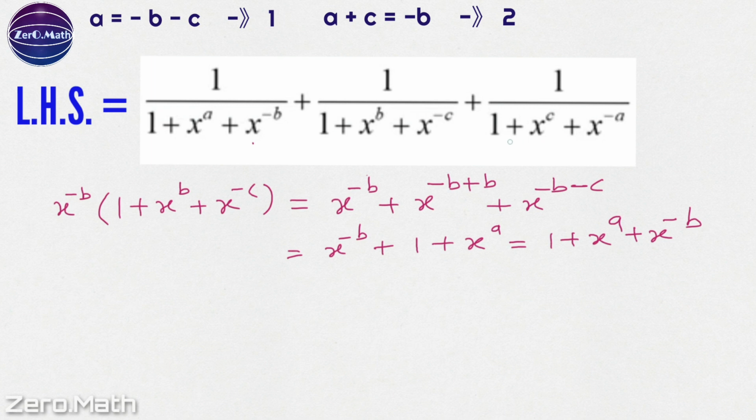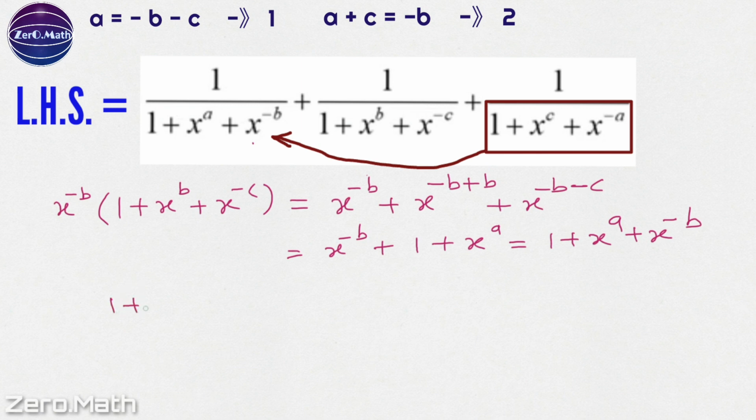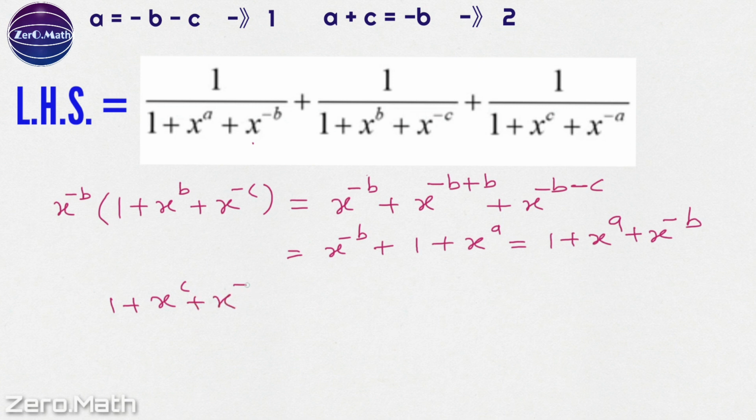Similarly, let's now convert term 3 in the form of term 1. I'll write down term 3, that is 1 plus x to the power c plus x to the power minus a. Now we will multiply this term by x to the power a. You can see this x to the power a is not there in this term.